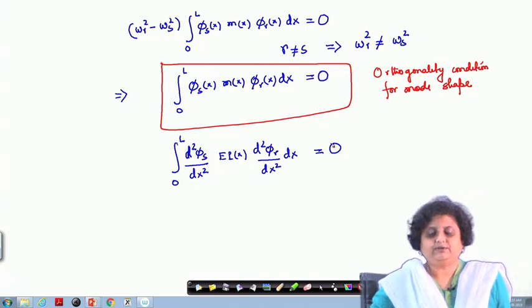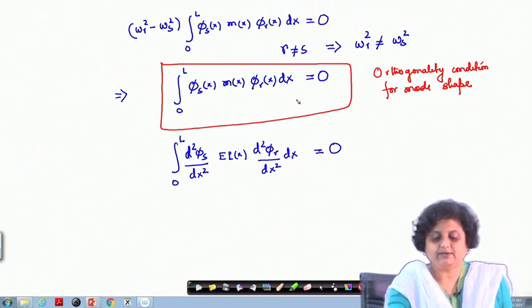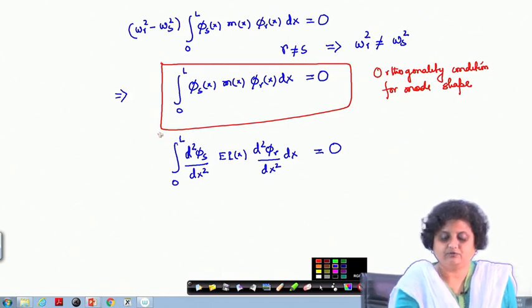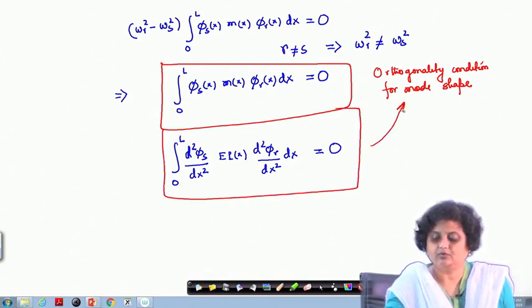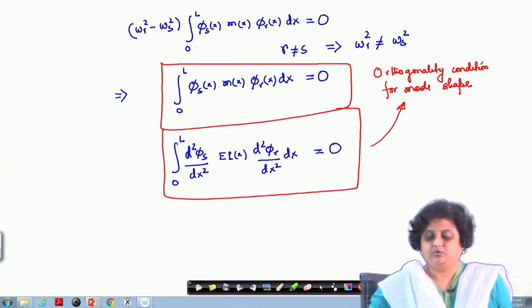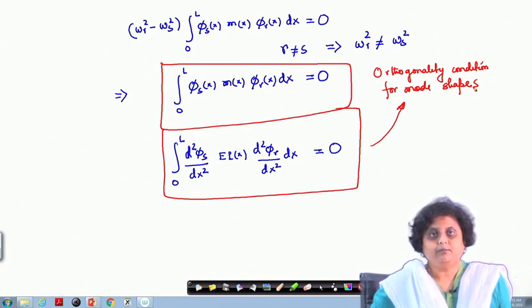So, this is another expression that we get from either equation 3 or 4, since this is equal to 0. This is also an orthogonality condition for mode shapes. These two orthogonality conditions will be very useful when we perform the modal analysis of a continuous system.